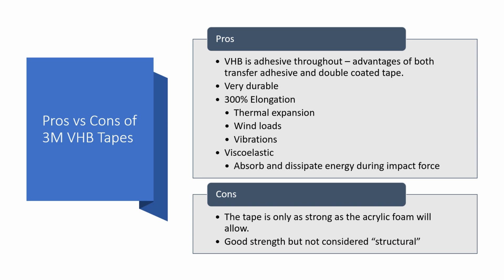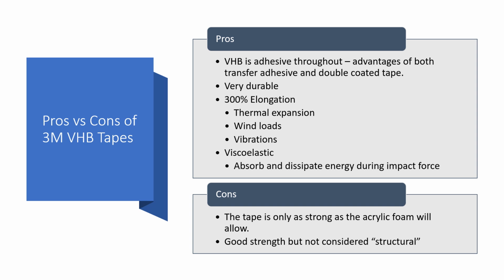It has 300% elongation, which allows it to be stretched 3 times its own body. This is very handy when you're looking at applications that have a lot of thermal expansion or have to deal with wind loads or vibrations. This viscoelasticity allows it to absorb and dissipate energy while being impacted.